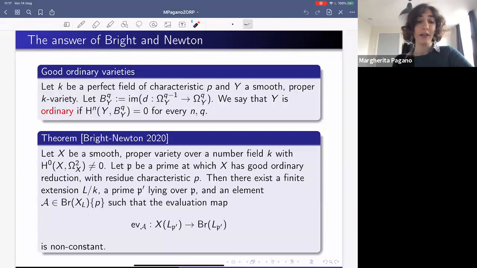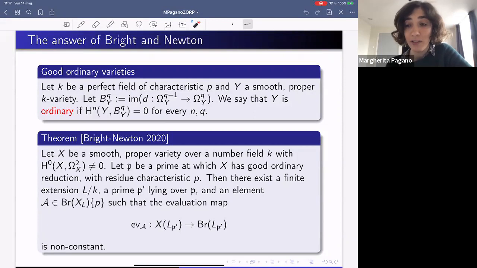So in particular, if we are able to show that there is a variety such that the Picard group is finitely generated and torsion-free, and it has at least one global 2-form, then we are in the setting of both the Bright and Newton theorem and Swinnerton-Dyer's question.